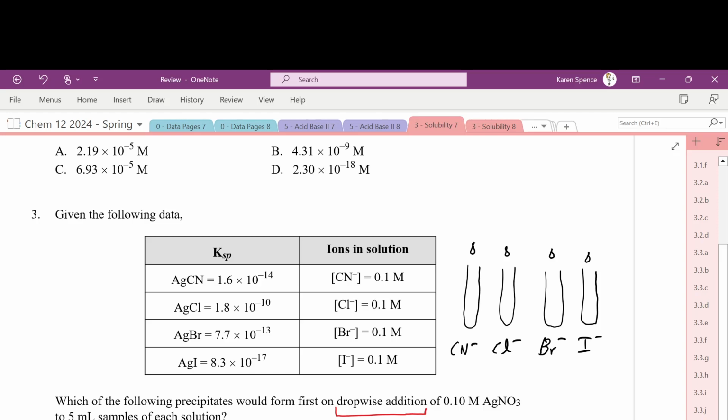So we have information. The concentrations of the CN, the Cl, the Br and the I are all the same. The concentration of the Ag that's being dripped in is all the same.